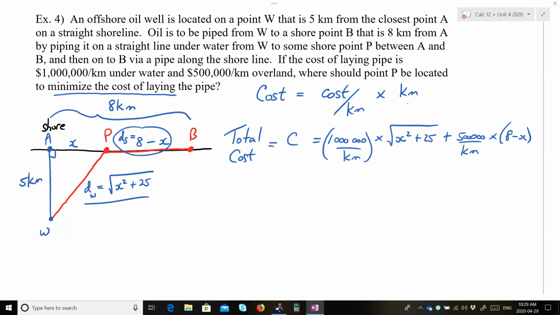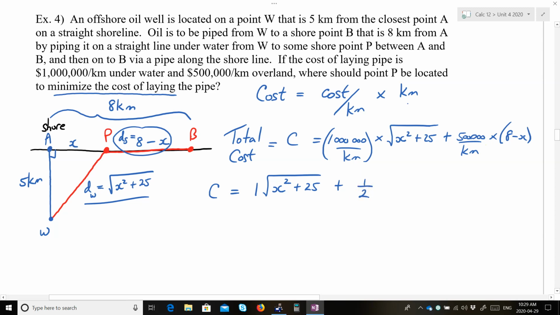Okay, and what we can do, guys, actually to simplify this is we can treat our units as millions of dollars. And what I'll do is I'll say the cost is $1 million per kilometer times the number of kilometers to go underwater, which is that, plus $500,000 is 0.5.